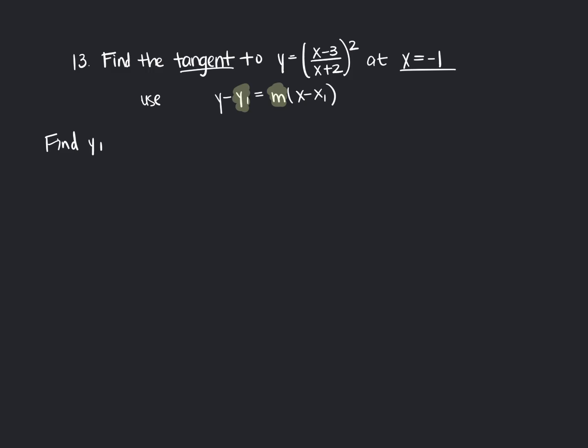And remember, we find y by plugging x into the original equation. So y is going to be (negative 1 minus 3) over (negative 1 plus 2)². So y is negative 4 over 1 squared, which gives us negative 4.